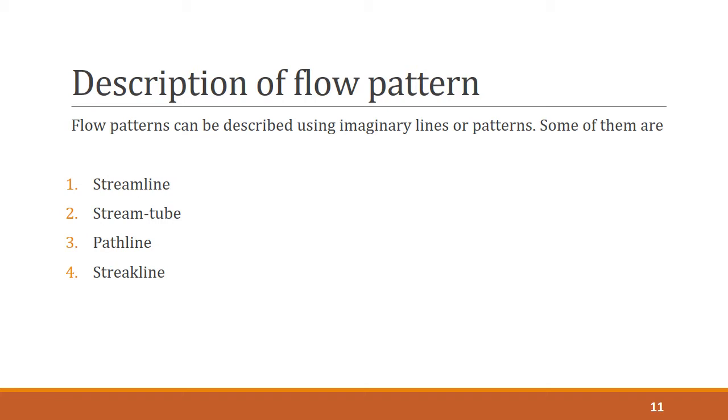These are imaginary lines or imaginary paths, and we use them to describe the fluid motion, because fluid motion is a very natural phenomenon and it is difficult to describe mathematically without the help of any imagination. So we are going to use certain imaginary lines or patterns to describe the fluid flow, such as streamline, stream tube, path line, streak line, etc.